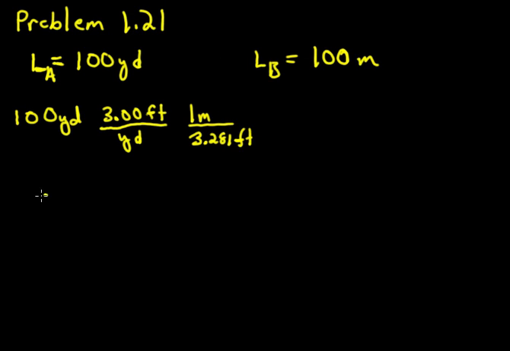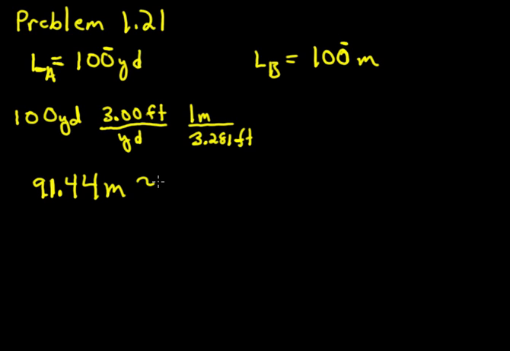So an American football field is 91.44 meters. And I'm going to assume that these are 3 sig figs.